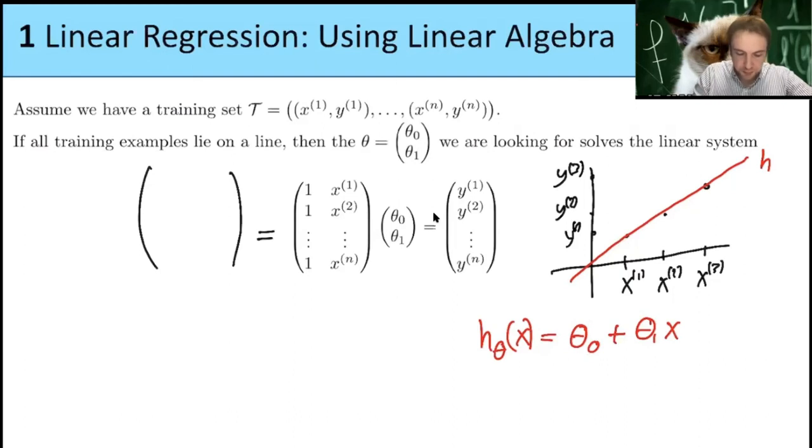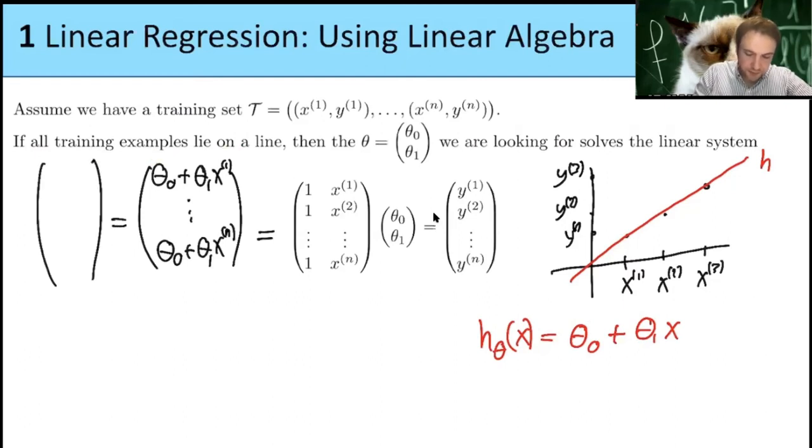this you learn at the beginning of linear algebra, for example, the first entry here is exactly theta 0 plus theta 1 times x1, up to theta 0 plus theta 1 xn. And so these are exactly h theta x1 up to h theta xn.